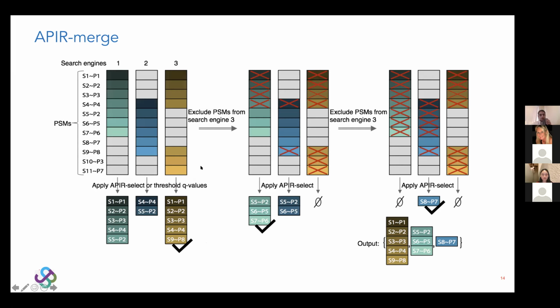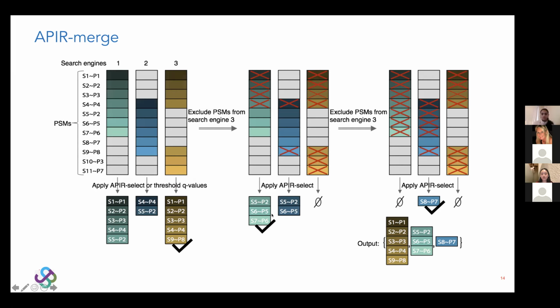And once we do this step, we will exclude all the PSMs from search engine 3. That is, we will just cross out the PSMs from search engine 3, and we will apply APIR-select again.